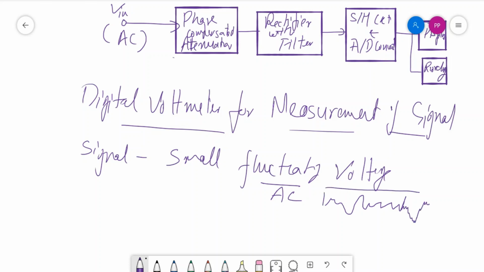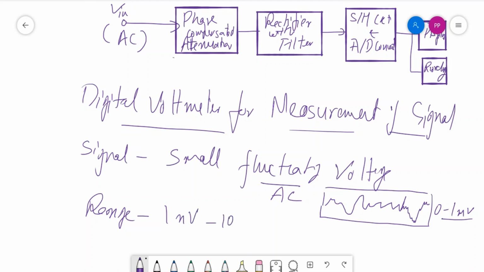So this is a signal. It can be as low as 0 to 1 millivolt. Here we are discussing the measurement of signals of an even smaller range, of 1 nanovolt to 10 nanovolt.